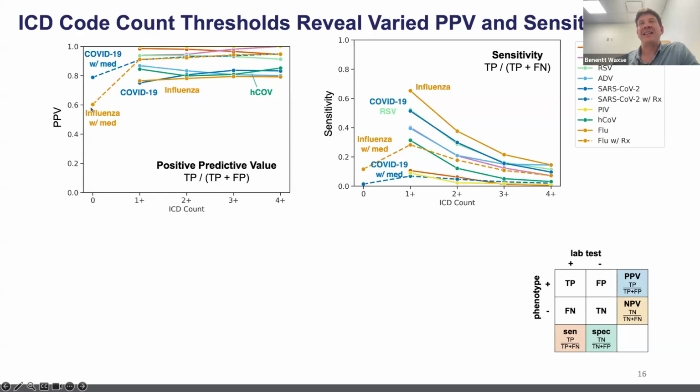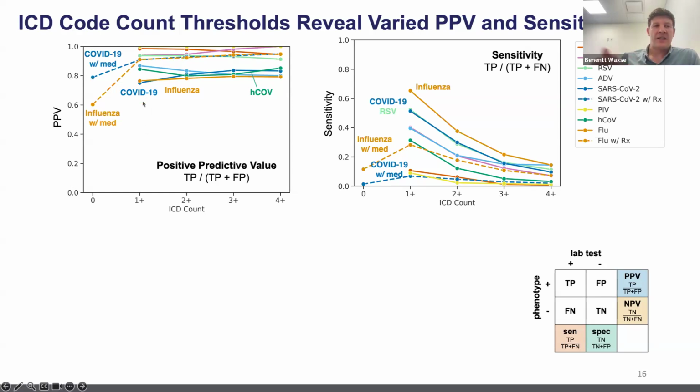And for a disease where people can get medications in a preventative way, this I think makes sense. COVID, if you have only a medication, you have no ICD codes, is actually decently predictive. So nearly 80% predictive. If you are getting a COVID medication, you will probably have a positive COVID lab test.